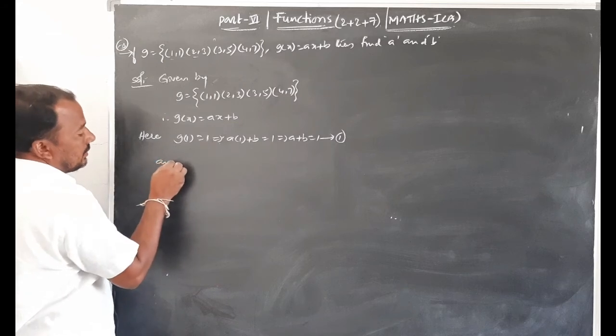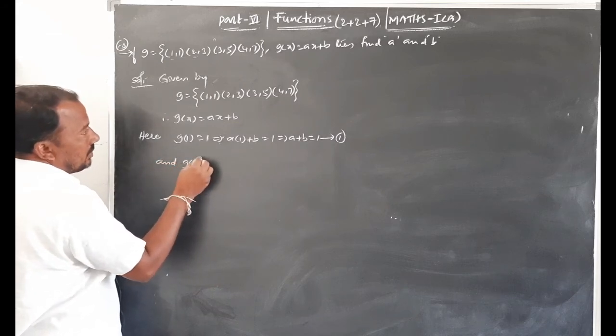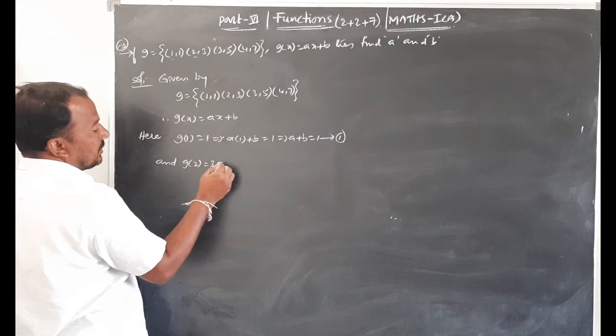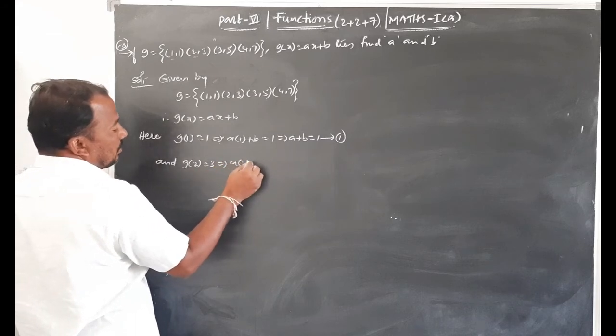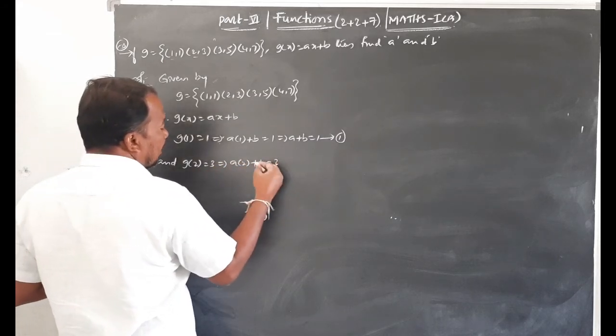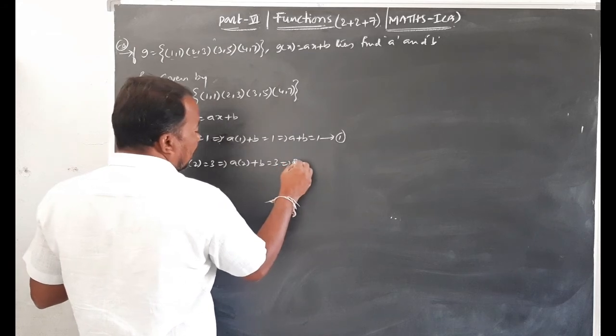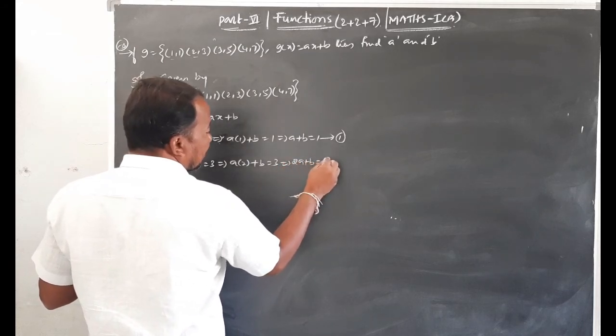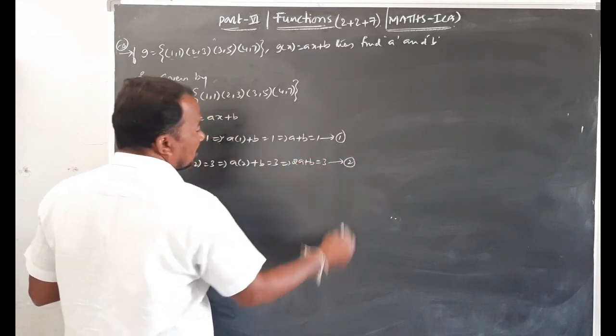And g of 2, the image of 2, equals 3, so a into 2 plus b equals 3, that is 2a plus b equals 3, equation number 2.